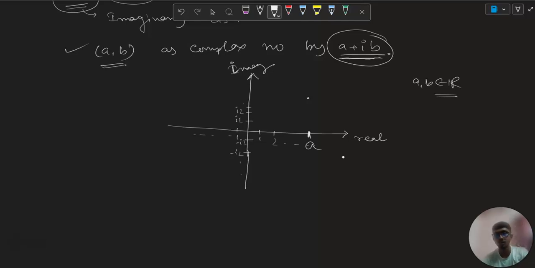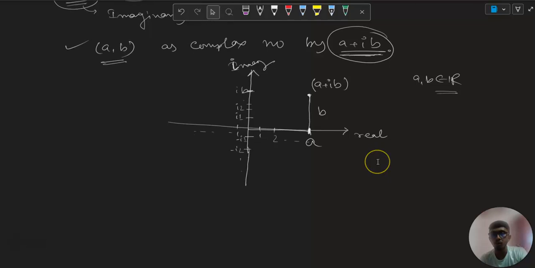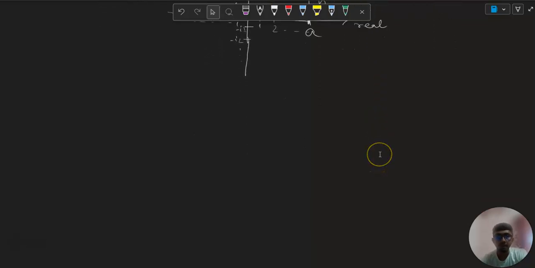The real line is horizontal and the imaginary one we represent vertically. So suppose this length is b, this iota b. We can represent the number a plus iota b over here, this distance is a and this distance is b. That's how we represent any complex number graphically, on some grid, right?